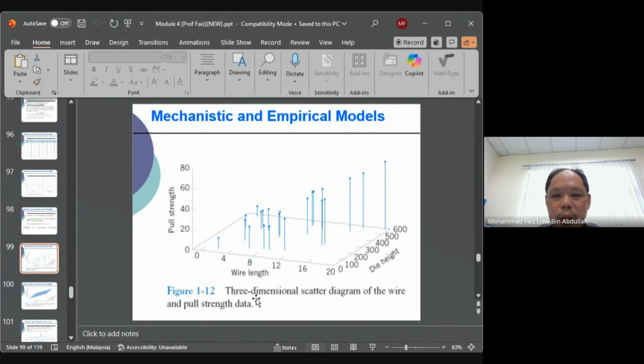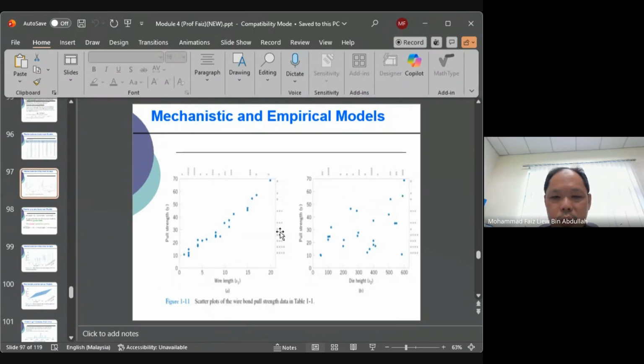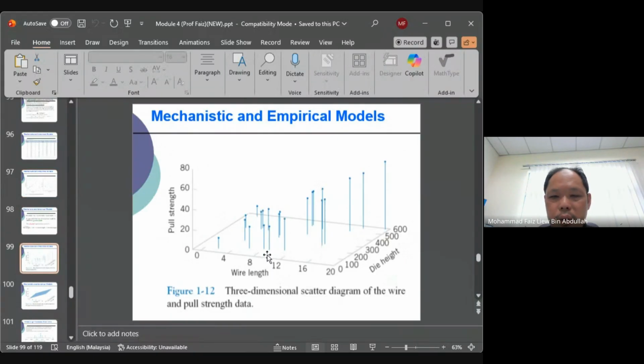Okay, so like this, if the data allows you to plot a 3-dimension scattered diagram, then fine. This is another special graph that you can show the examiner. Besides plotting the 2-dimension graph, you can also plot the 3-dimension graph showing the pull strength, the wire length and the die height.